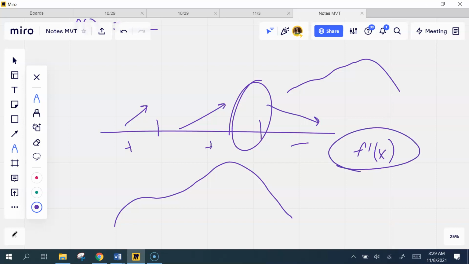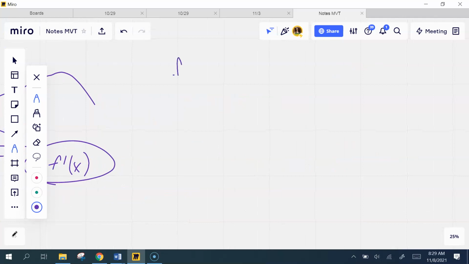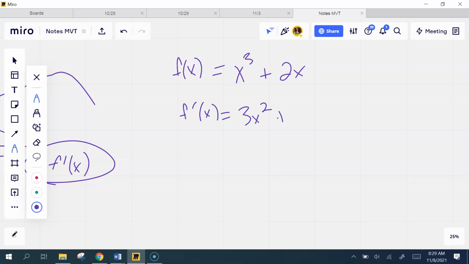This is where the derivative equals 0. So if you had f of x equals x to the third minus 2x, you do the derivative, set it equal to 0, add 2, divide by 3 and square root.